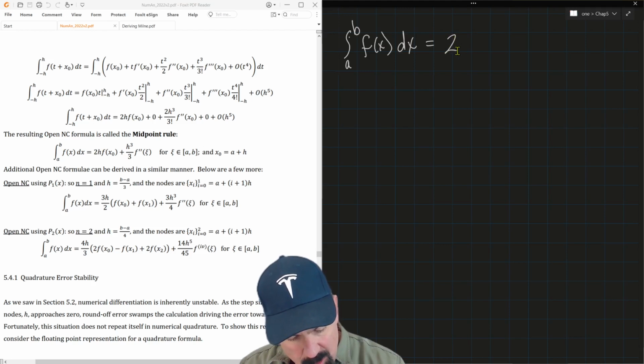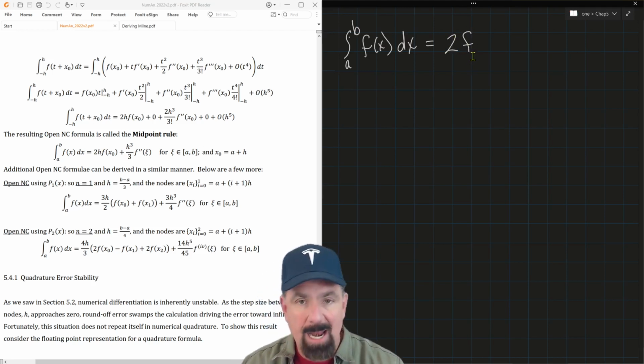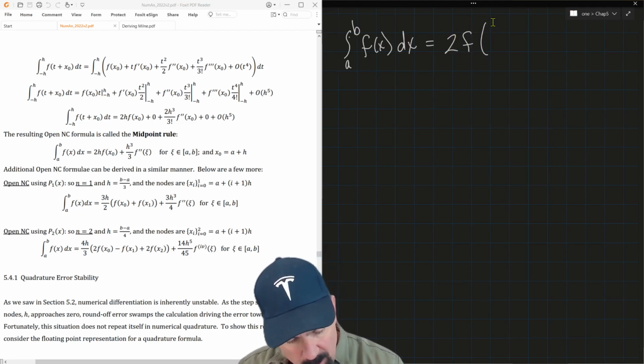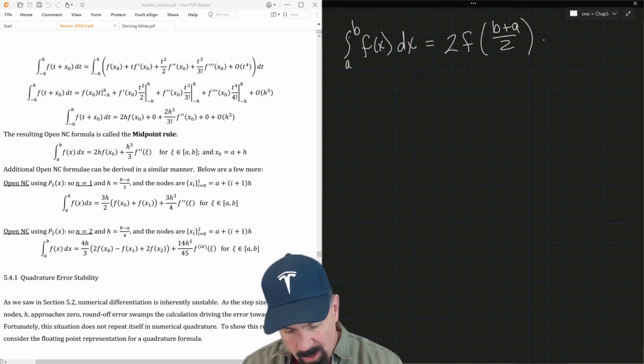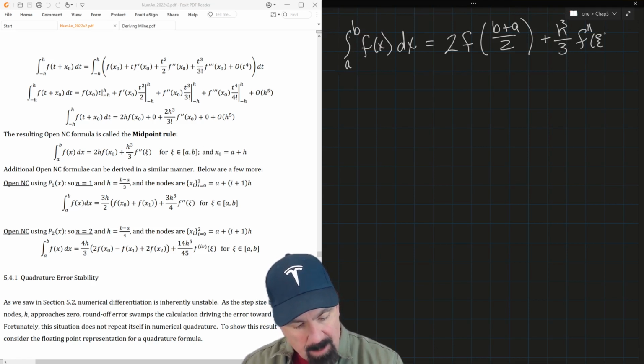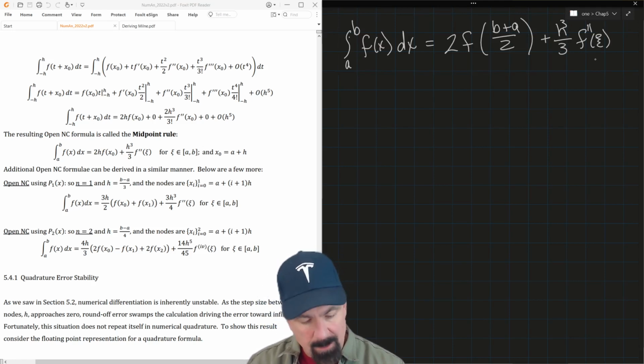We're going to take 2 times f evaluated at the midpoint, which is (b plus a) over 2. And then we have the error term as well, so we have plus h cubed over 3 times f double prime evaluated at some value xi.